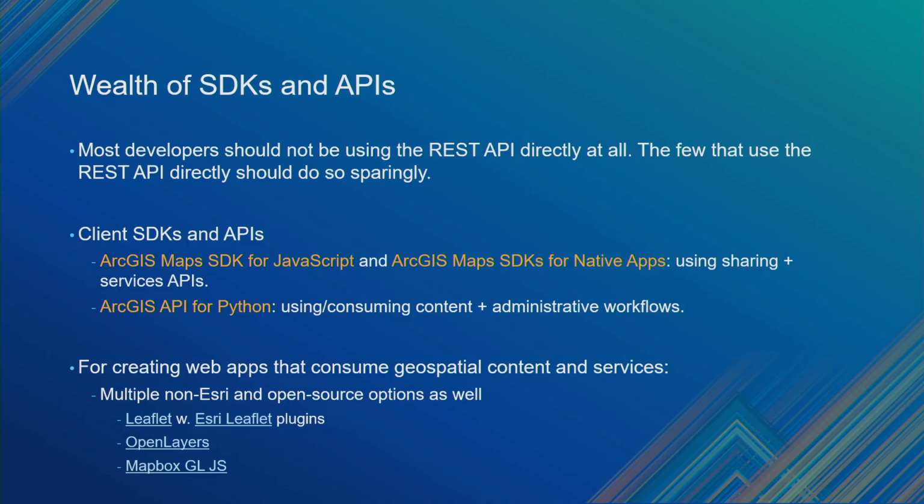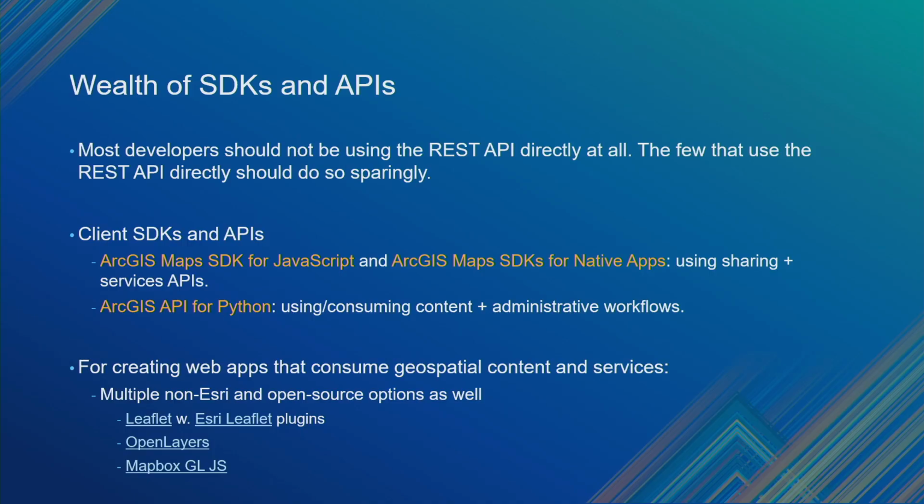Instead, you're likely to take advantage of our client SDKs, the ArcGIS Maps SDK for JavaScript, or for native apps if you're building native applications. Those are hitting the sharing and services APIs that Justin talked to us about. We also have the ArcGIS API for Python, which supports a lot of administration workflows, automating those, and data science. We'll get into more details on that, but it really empowers the automating and scripting that you might be doing at your organization.